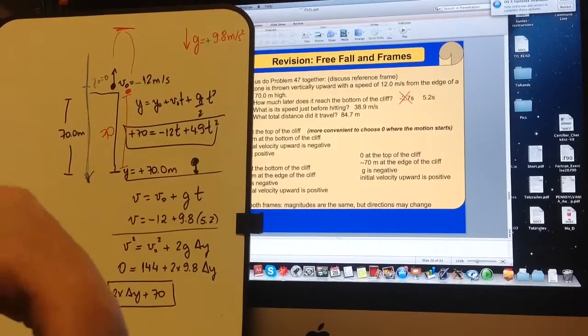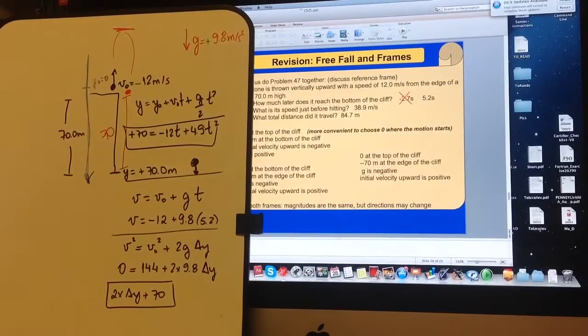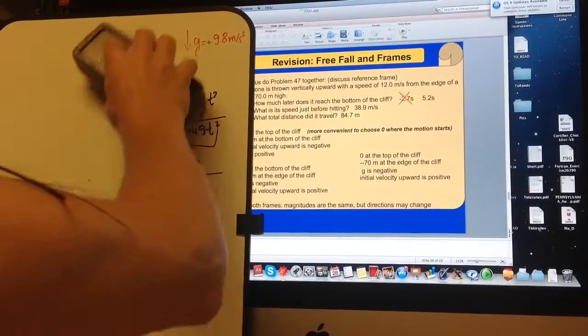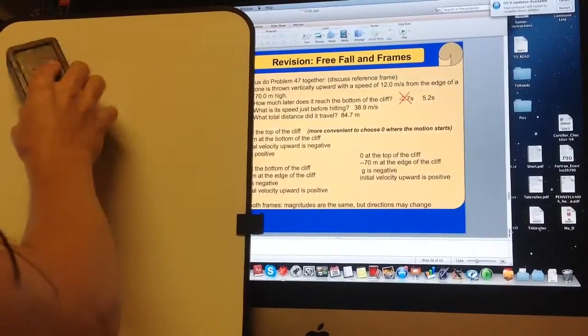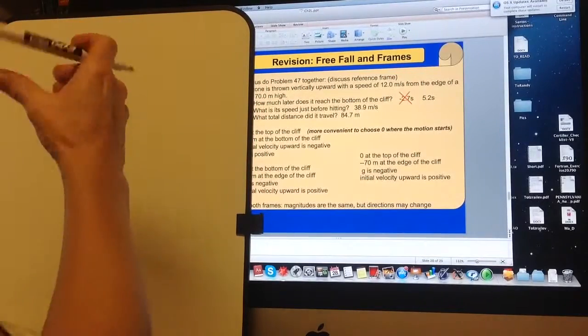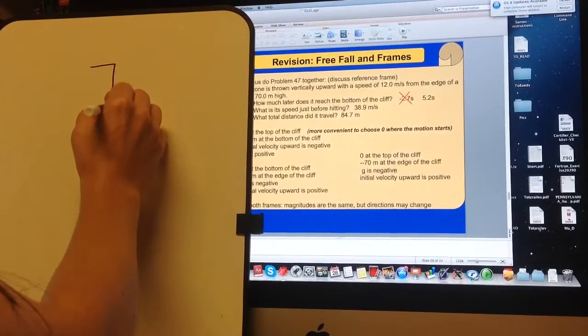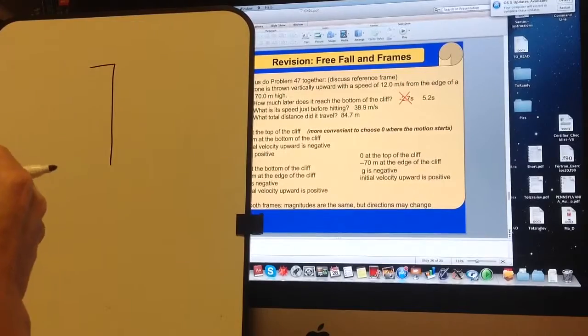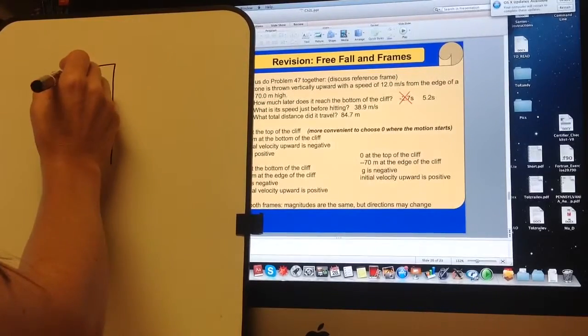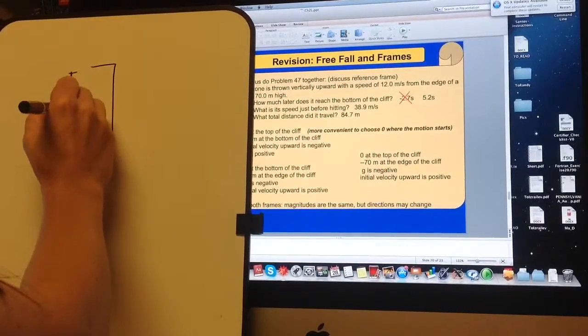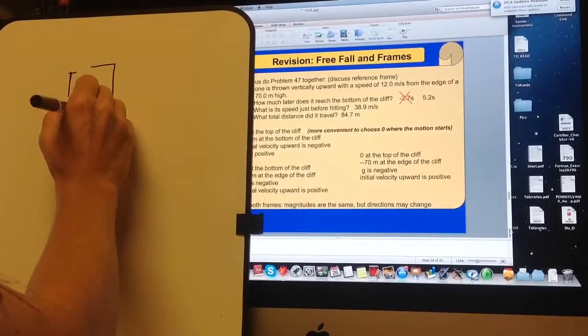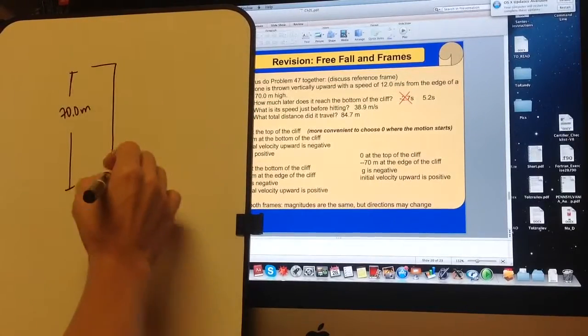Alright, now let's solve exactly the same problem but changing reference frame. Okay, so it's exactly the same problem. Here we are in our hill. The hill is again just 70 meters. Okay.